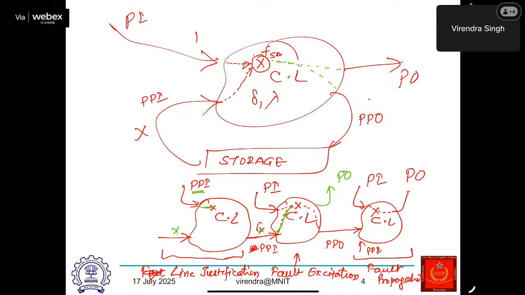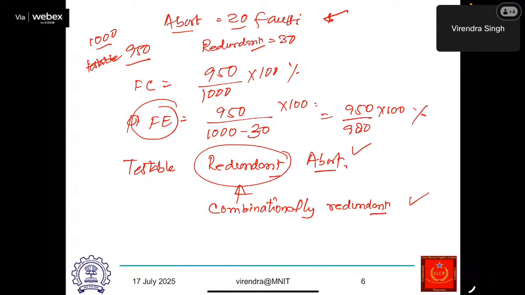Those faults, though they are combinationally testable, are sequentially redundant, because even if those faults do exist, they will never be able to propagate the fault effect to the primary output. So under the presence of those faults, your output will never be affected, and those faults we call sequentially redundant faults.